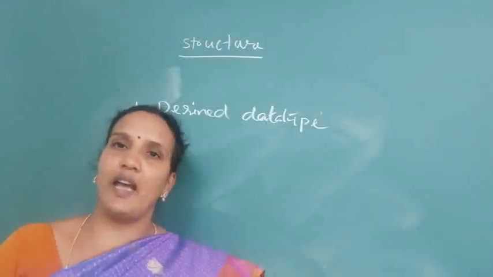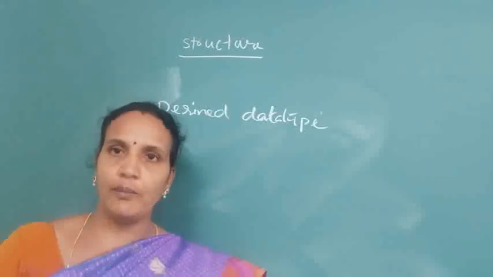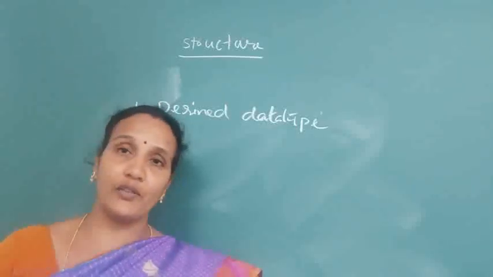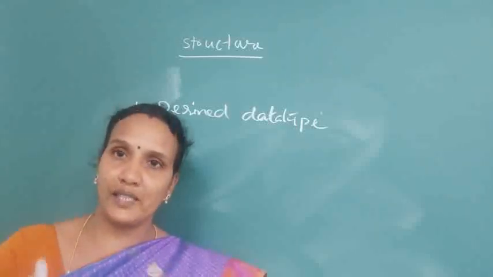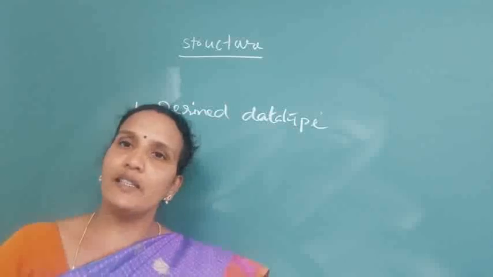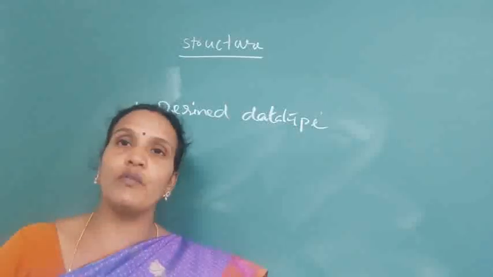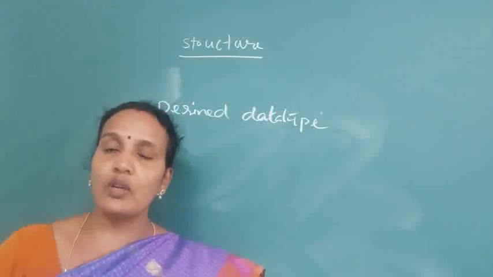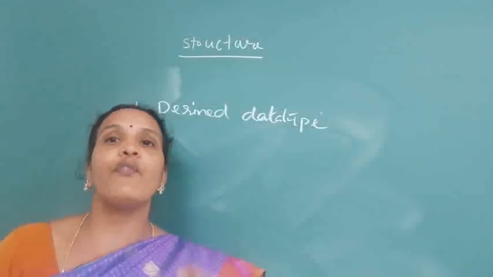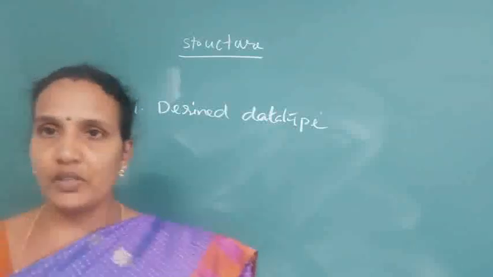Structure and array are somewhat similar, because in an array we are also storing more than one element of the same data type. In a structure also we are storing more than one element, but in a structure we can store elements of different data types. Understood?